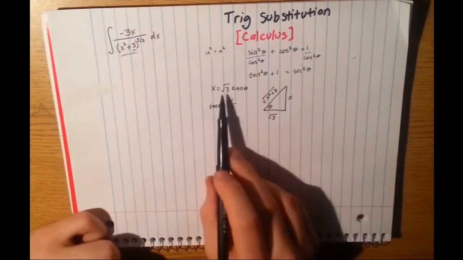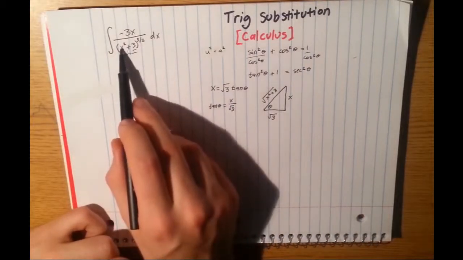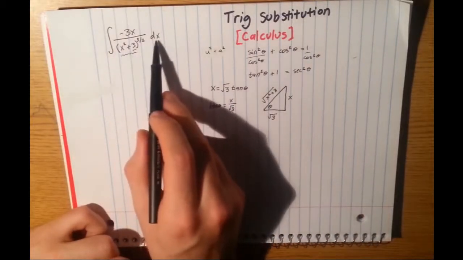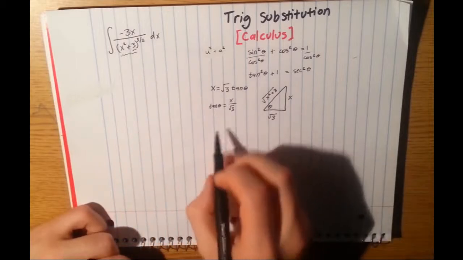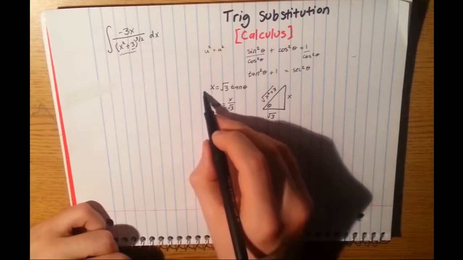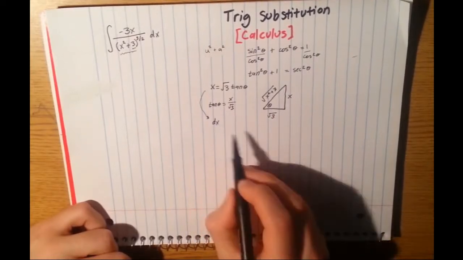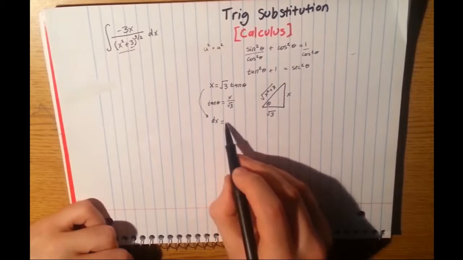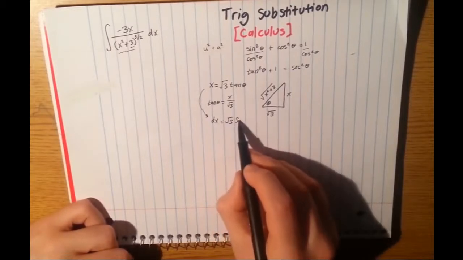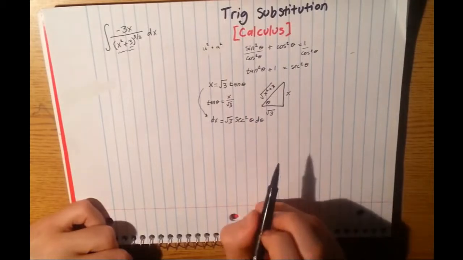Okay, so I'm going to go ahead and substitute in for my x. Of course, we got to substitute in for the dx too, so let's go ahead and do that. So we'll take a derivative of this guy right here. So we'll say, we'll d/dx both sides. We'll say dx equals root 3 secant squared theta d theta.